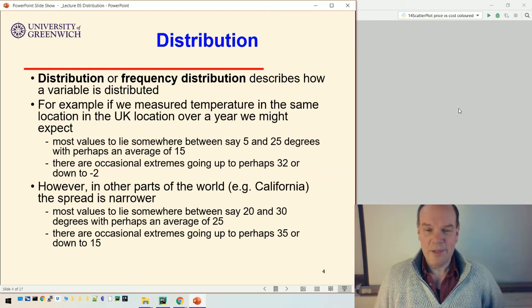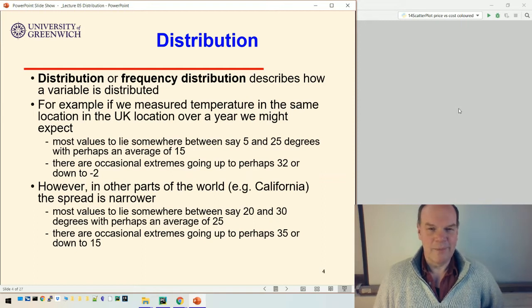But if you go to other parts of the world, obviously you get different sets of distributions. California is well known for having a very even temperature throughout the year. So again, I'm making these numbers up, but you can imagine the numbers might lie somewhere between 20 and 30, with perhaps an average of 25, and occasional extremes going up to perhaps 35 or down to 15. But they don't often get very cold, frosty weather in California.